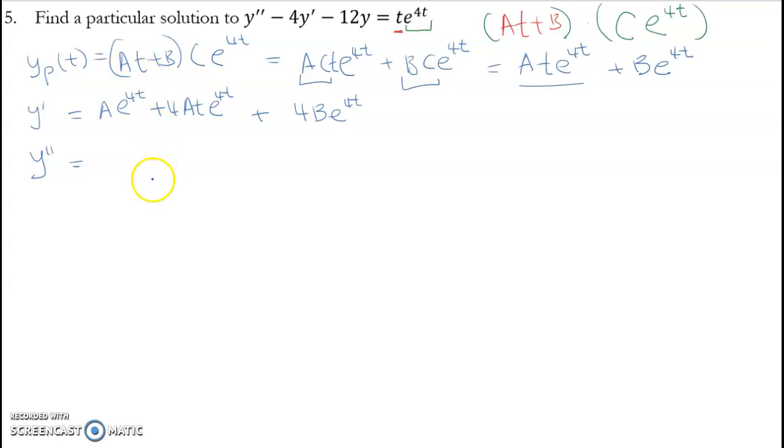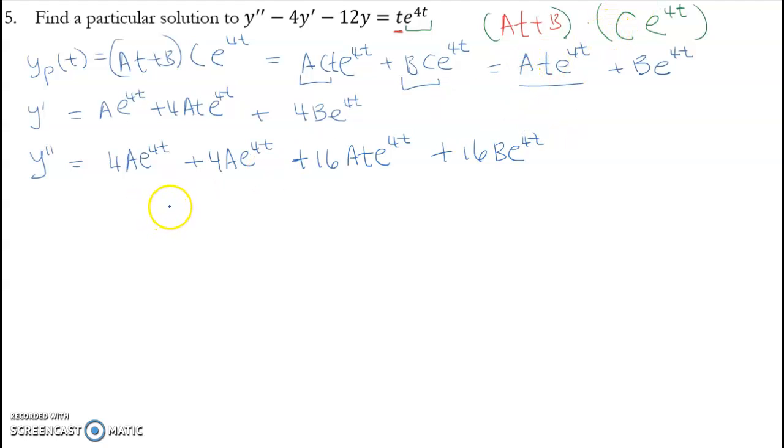This is going to be 4a e to the power of 4t, that's from differentiating the first term. For the second term, we're going to have to use the chain rule, so that's going to be 4a e to the power of 4t plus 16at e to the power of 4t. And I'll keep going, so it's going to be 16b e to the power of 4t.